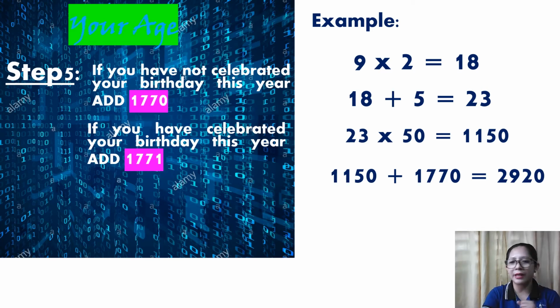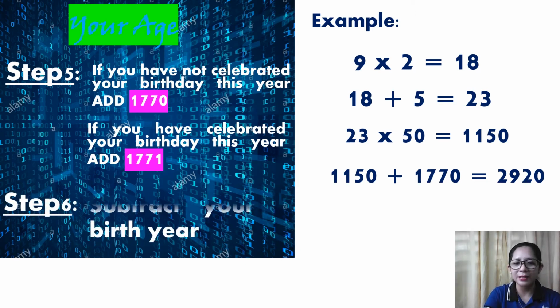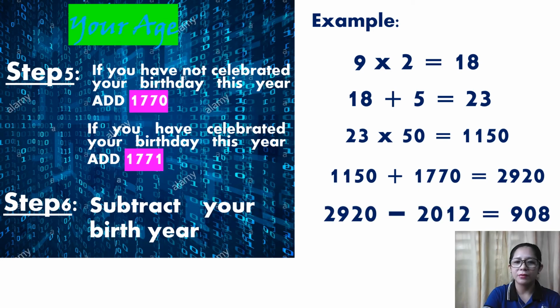Since it's not yet August, we will add 1,770 for my example, and I will get 2,920. And lastly, subtract your birth year. Since the birth year of Inigo is 2012, we will subtract 2012 and we will get 908. So that's our final result.